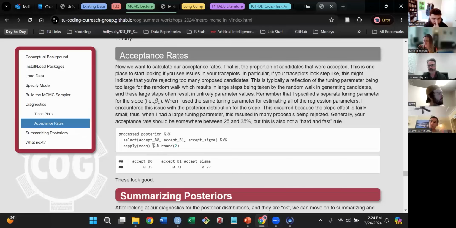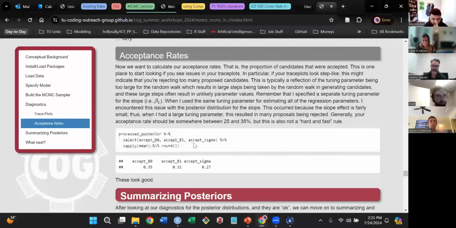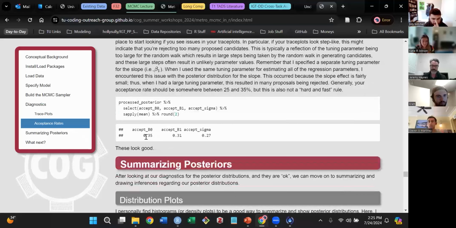We can just take the mean of that, and that gives us the proportion of samples that were accepted, and that's what this code does. So 35, 31, and 27% are our acceptance probabilities. That's pretty good, and that's not what they were when I initially started this.